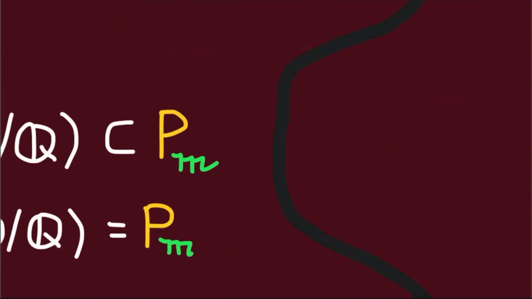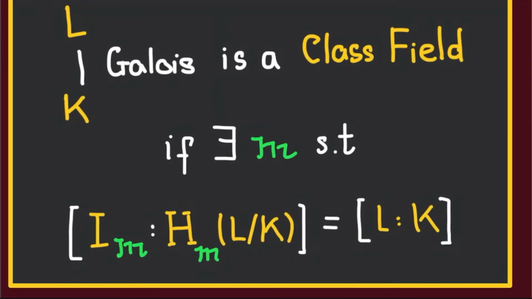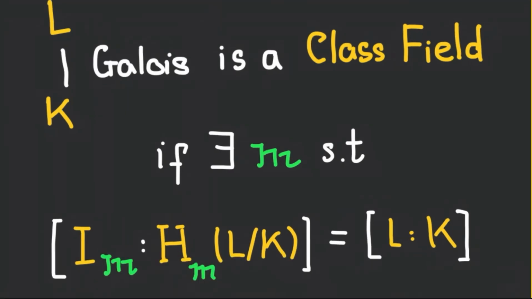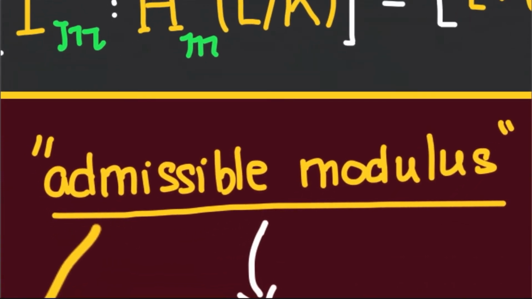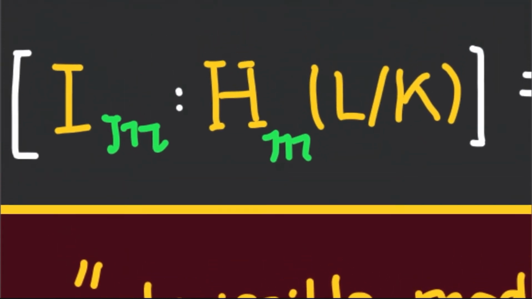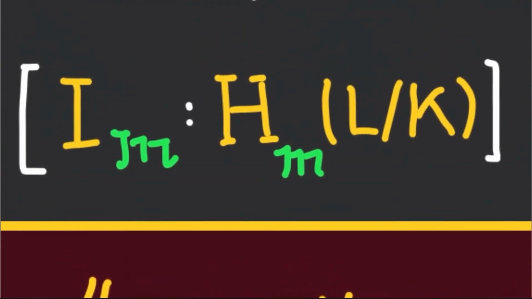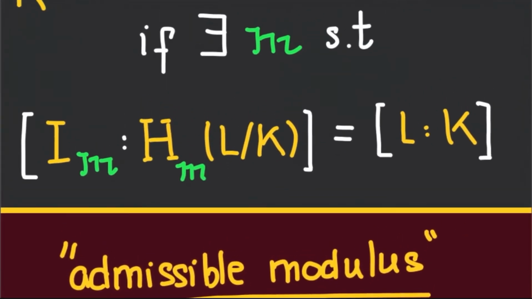Now, L is the class field of some ideal group with modulus m if and only if the degree of L over K is equal to the index of the norm subgroup of L over K corresponding to the modulus m inside I_m. We can thus use this to give another characterization of admissible modulus. That is, a modulus m is admissible if and only if the index of the norm subgroup of L over K with respect to m inside I_m is equal to the degree of L over K.